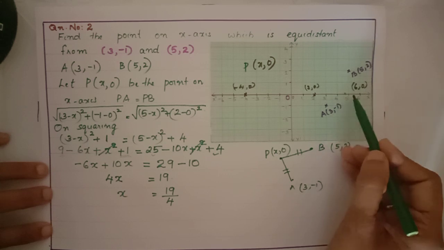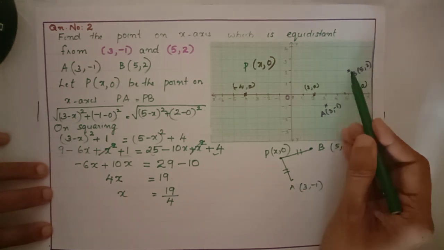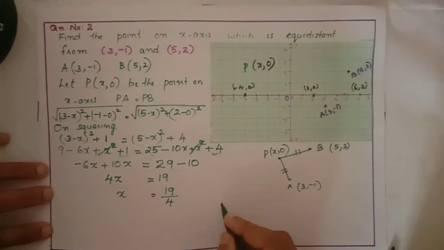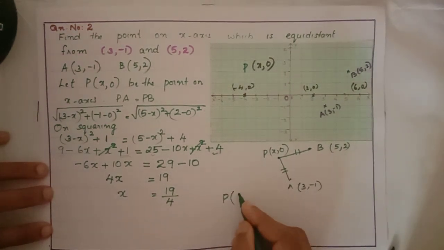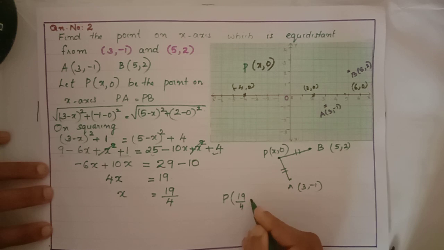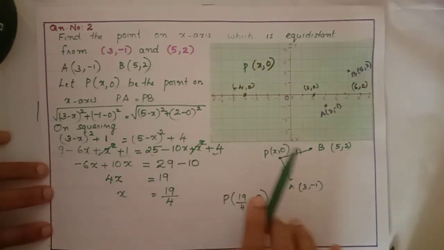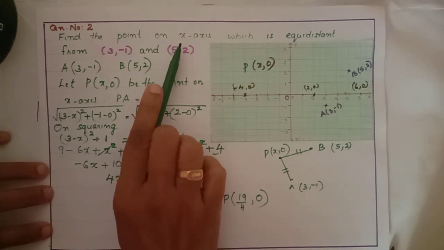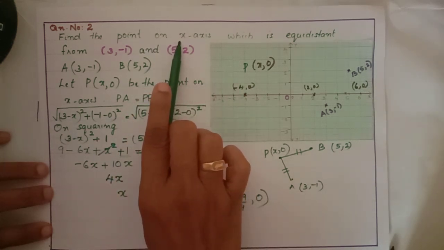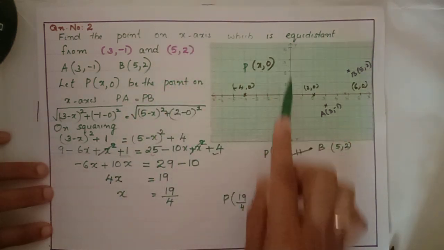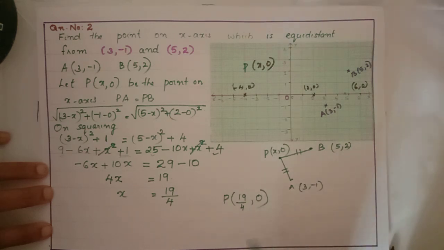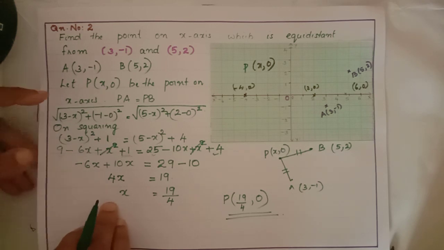That is the point which is at equal distance from A as well as B. So that point can be written as P (19 by 4, 0). Okay. In this type of question, you have to remember the property of points on the x-axis as well as y-axis. Okay children. So we got P is equal to (19 by 4, 0).